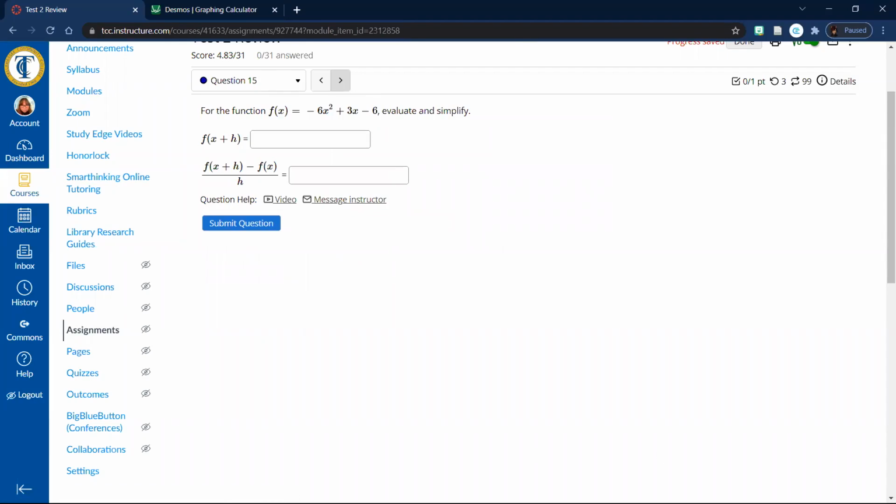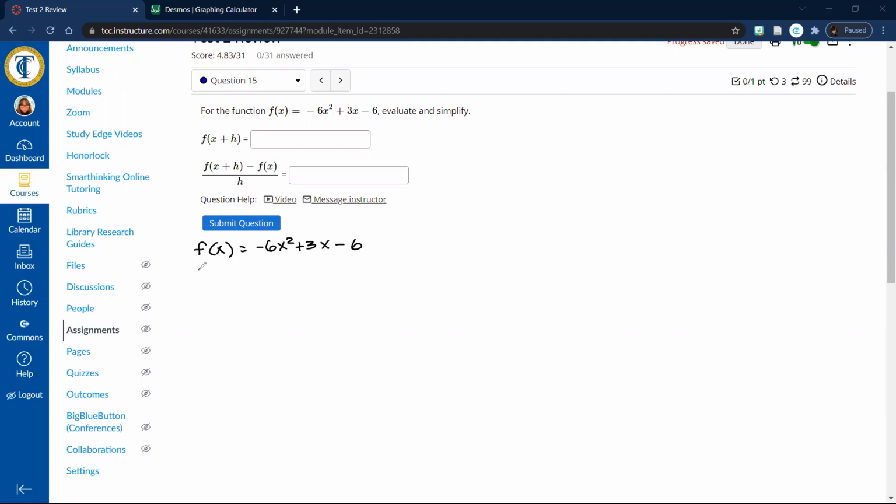All right, we got to do one of these. You guys have seen this, right? I never understand the second one. I always get the second one wrong. Well, hopefully we can fix that because this one in particular is a doozy, so it's perfect for us. First off, writing down what we know, f of x is negative 6x squared plus 3x minus 6.